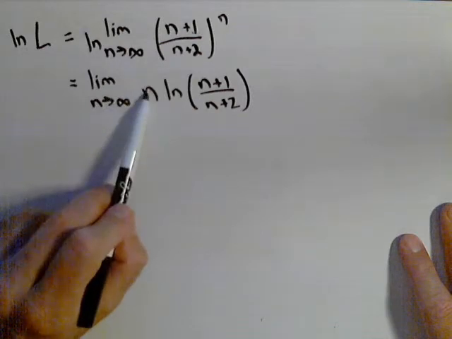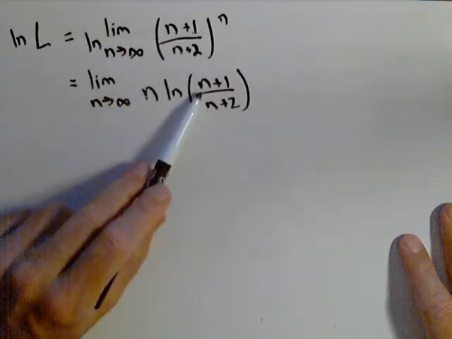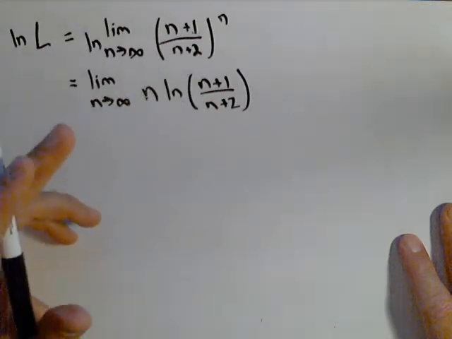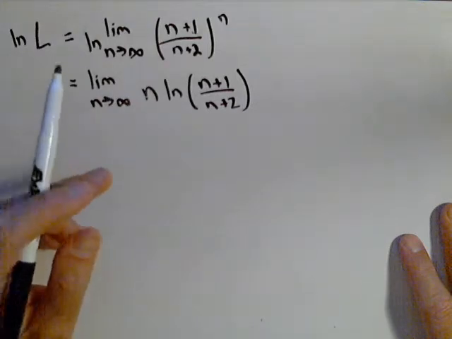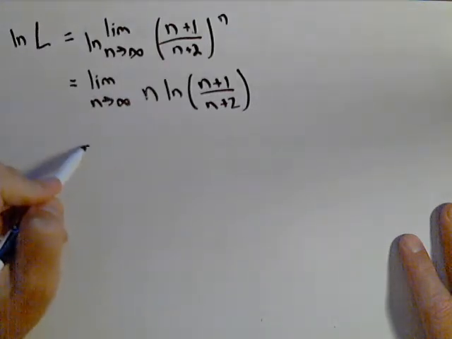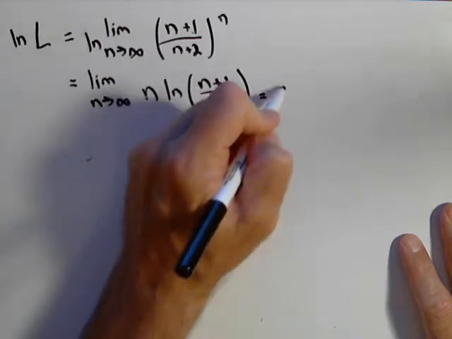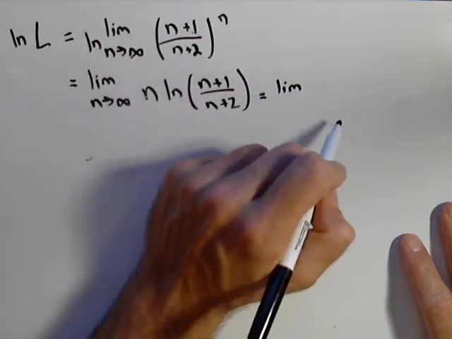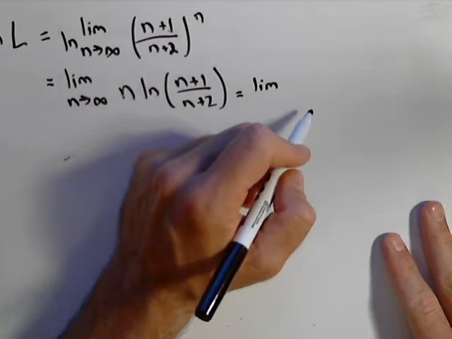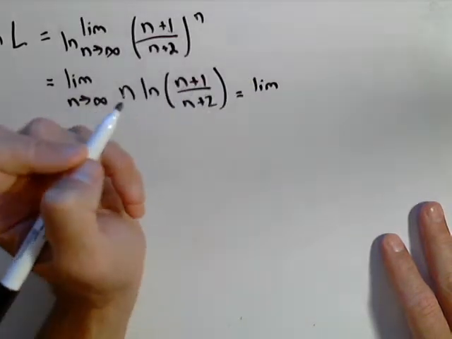So now I have an infinity times 0 case. I need to write it as infinity over infinity or 0 over 0. Easiest is probably to rewrite this as a 0 over 0, because I think it's going to make our lives easier when we go to do our derivative.